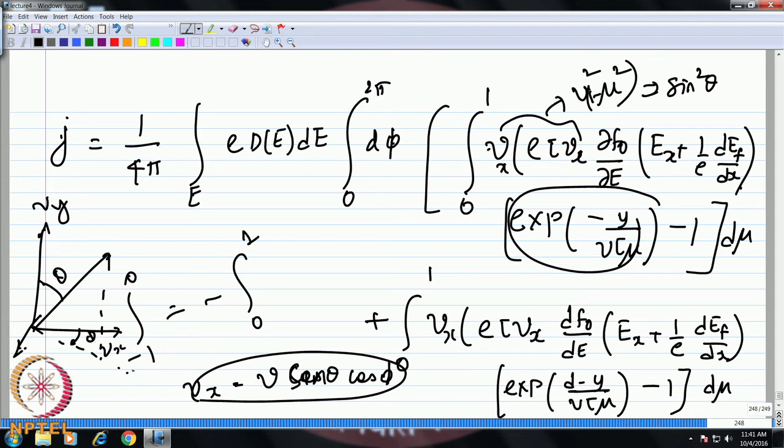So, you have to actually look at V cos phi, which is basically this one, and you are also looking at this cosine in this direction. So, therefore, it is V cos phi sin theta, right. So, that is your direction cosine in the x for this case. So, therefore, you also have a cos phi. So, there will be a cos square phi also in addition to this. So, we will be adding cos square phi to this d phi.